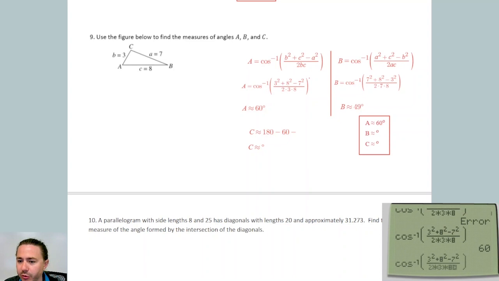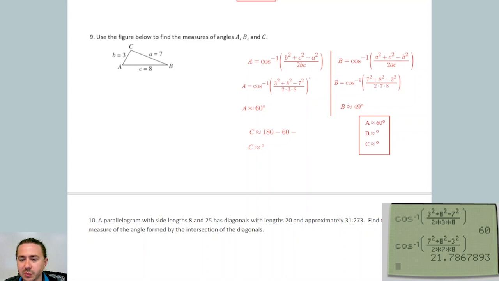All right, let me try to be real careful here. I made so many calculator mistakes as we get through this. Okay, so 7 squared plus 8 squared minus 3 squared. It should all be good. And then we got 2 times 7 times 8. Yep. Did I do the last one right? Yes, I did. I just want to double check that because you guys have seen what's been happening.